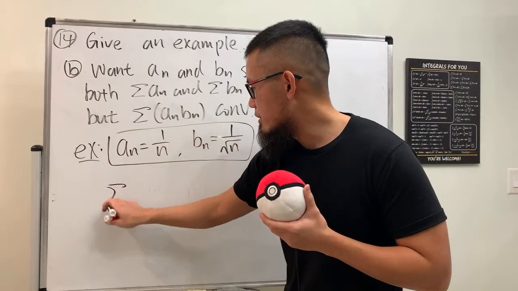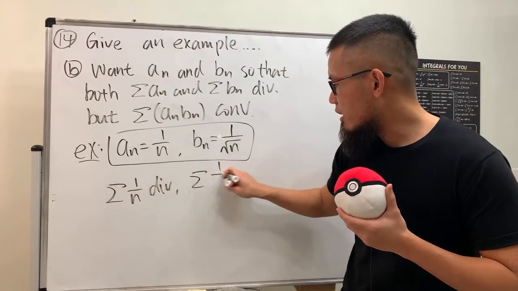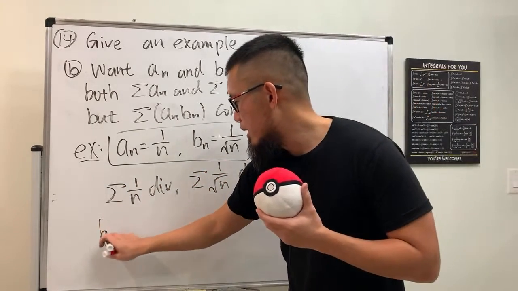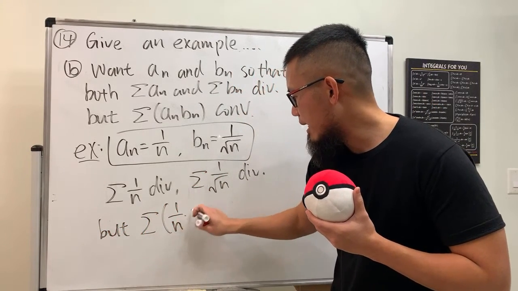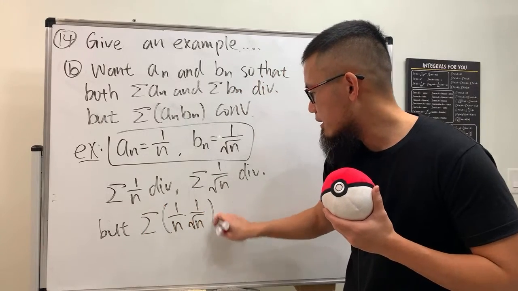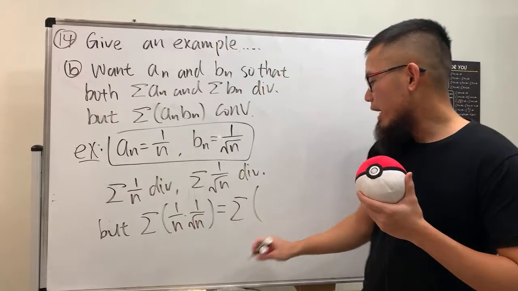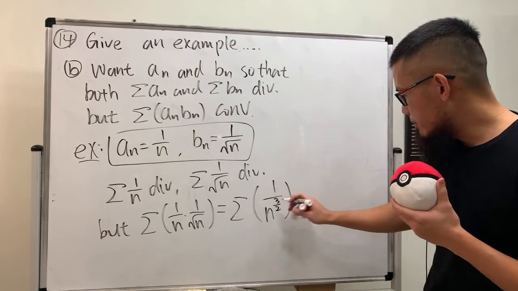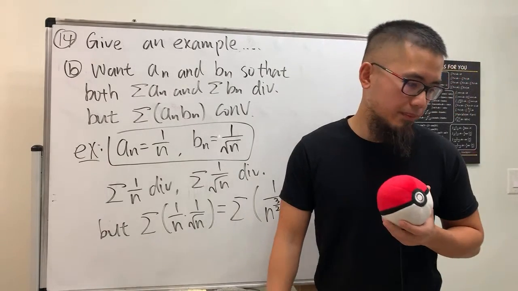Just real quick, you see that this diverges, and this also diverges. But if you do the series of 1 over n times 1 over square root of n, this is a series with power 1 plus 1 half, which is 3 halves, and this actually converges.